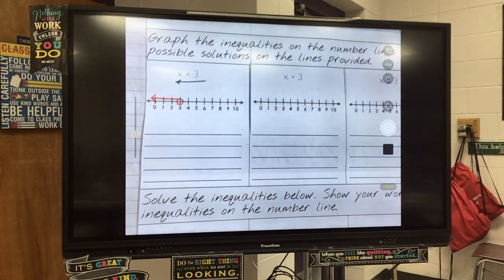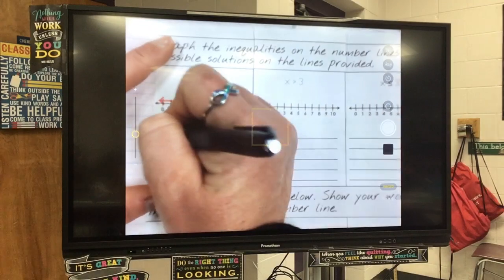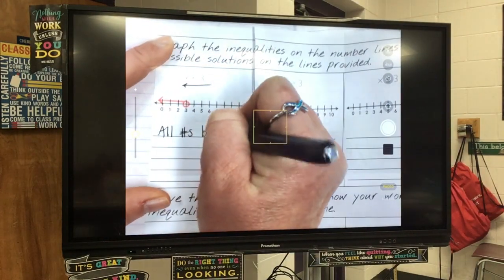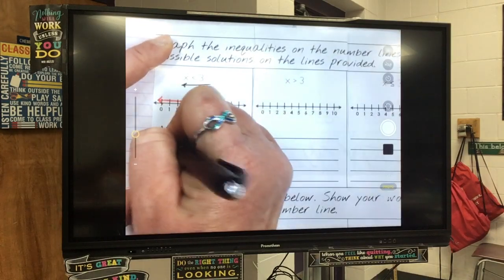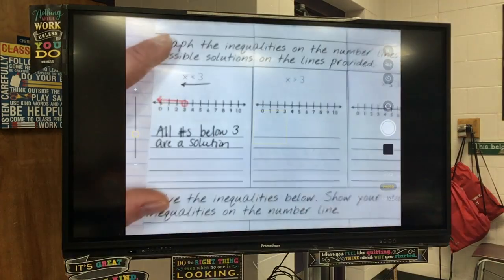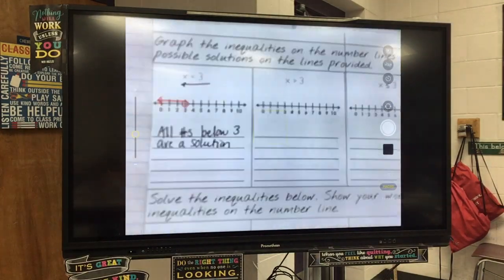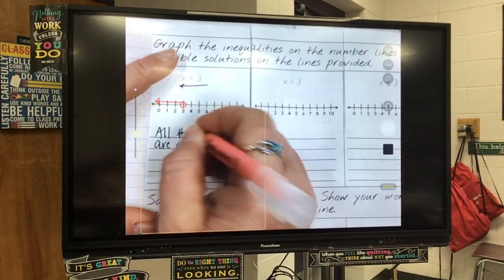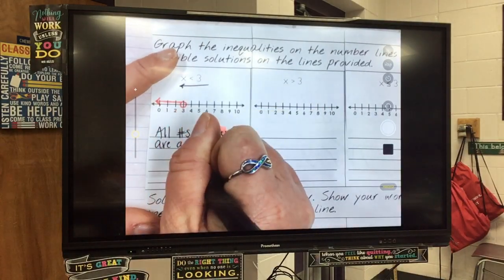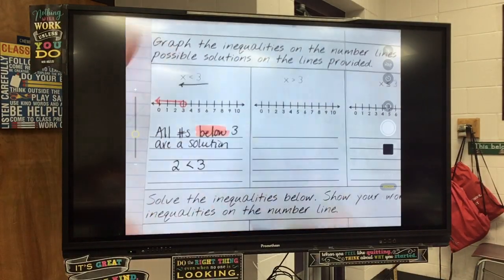2 is less than 3. Alright, so what this is telling us is that all numbers below 3 are a solution. And the key word there is below, so if you want to underline it, highlight it, circle it, whatever, that's fine. And then Lauren said 2 is less than 3.